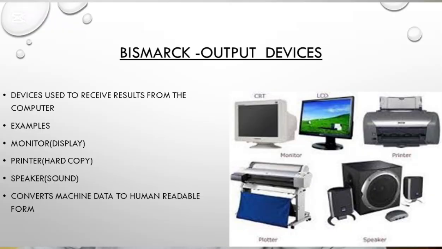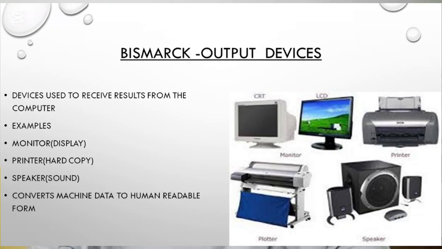So output devices are devices that display information that has been processed by the computer. Examples of output devices are the monitor, the speaker, and the printer. The monitor displays information that has been processed by the computer, in the form of text or graphics.